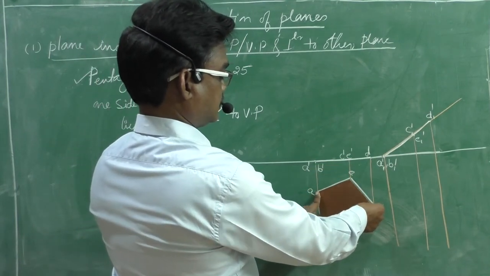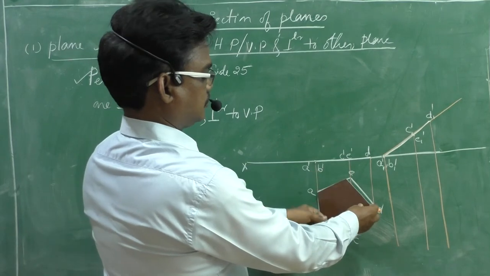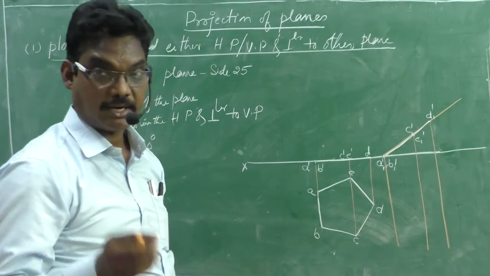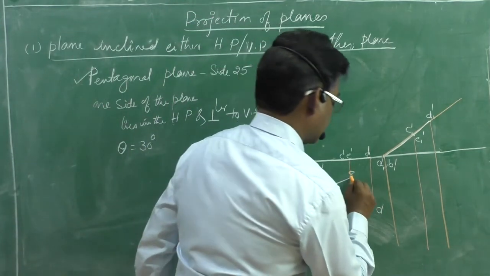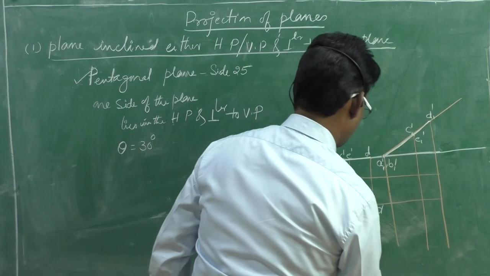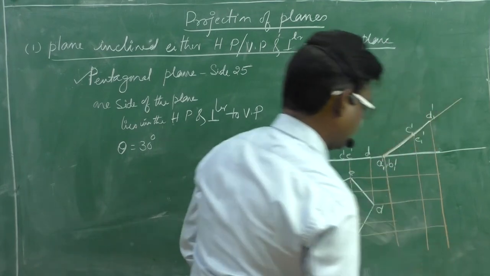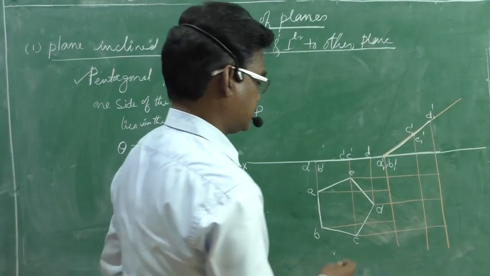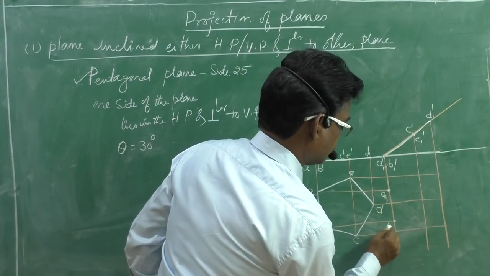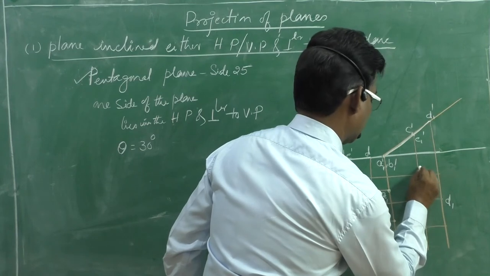When we move like this, the position of E will shift like this. Position of D, position of C also lie in the horizontal line only. That is the reason, draw horizontal lines. Now locate the respective positions. This is the position of A1, this is B1, this is C1, this is D1, this is E1.